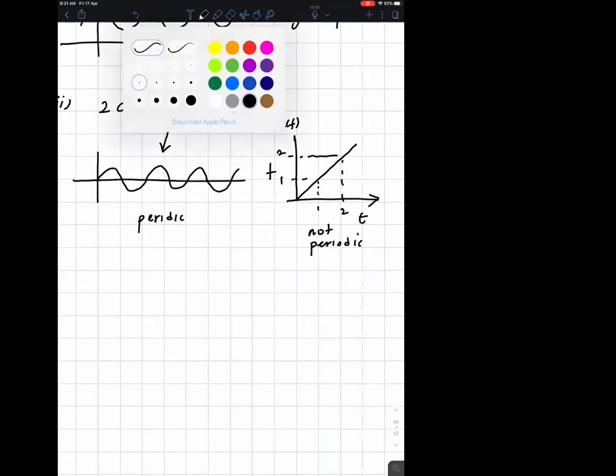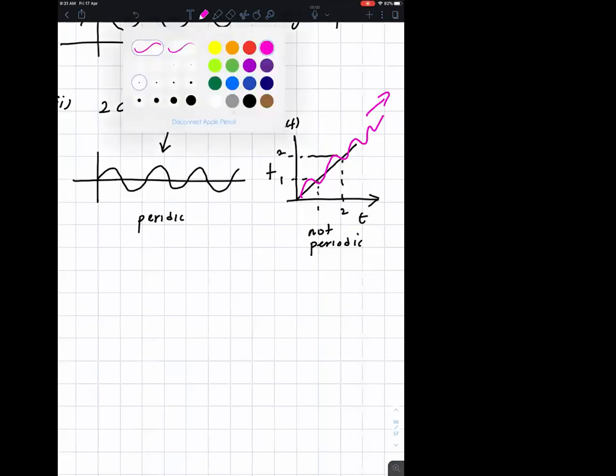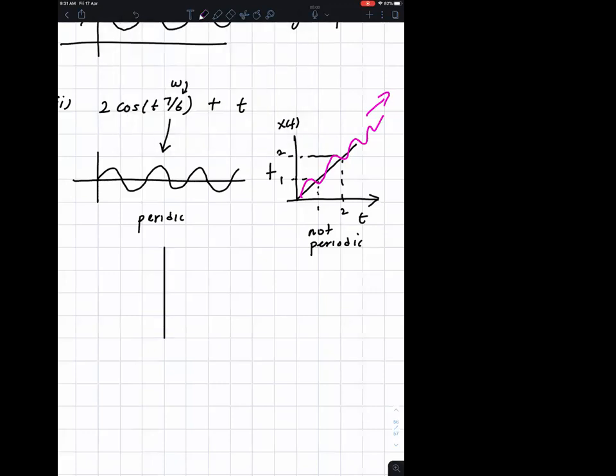It's going to start riding on this and going to infinity. So the net result is you have an oscillating signal that's growing to infinity. Okay, this is not periodic.